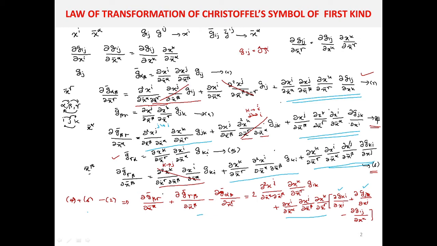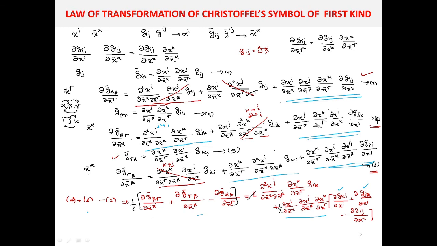When you divide by 2, the first term becomes half into ∂ḡ_αβ, so there will be one half here. Then this 2 will be cancelled, and here also there will be 1 by 2.